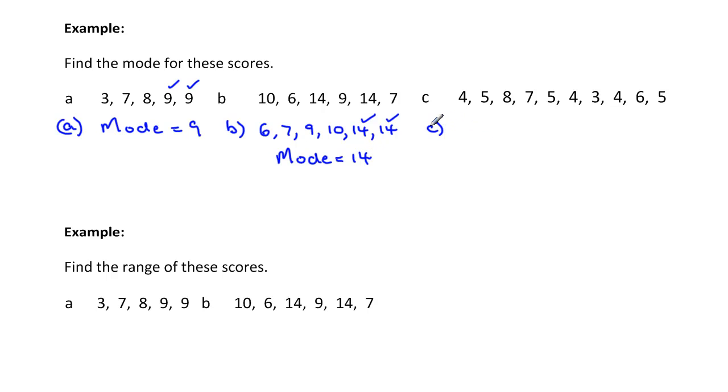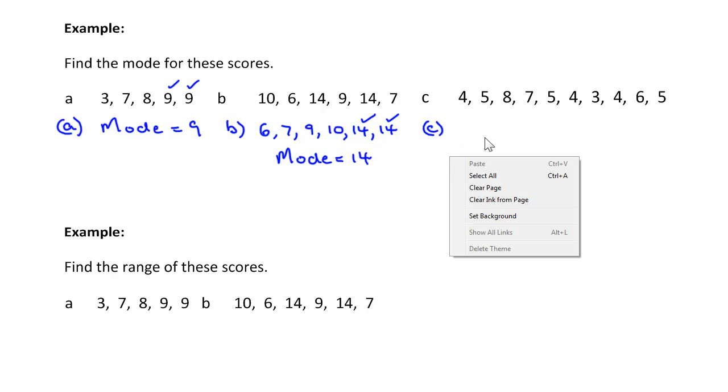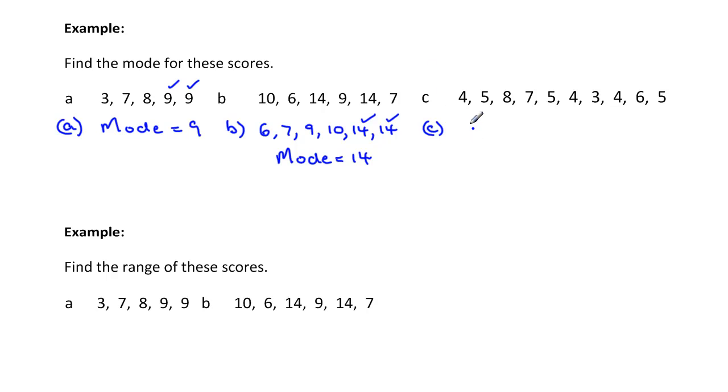In C, it's very interesting. If we arrange these scores in order, we get 3 first of all, followed by 4, and there's quite a few of these. Let's have a look. 4, 4.